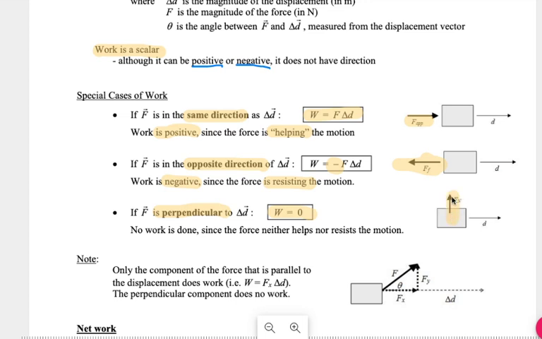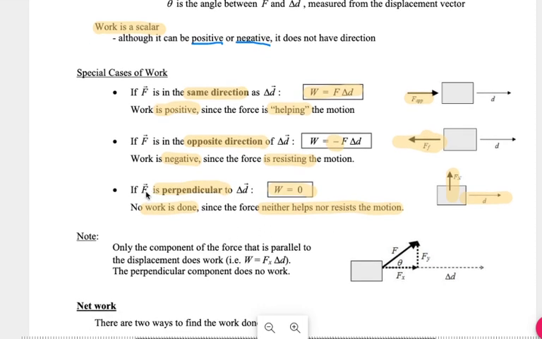Since this is perpendicular to displacement, there's zero work being done by this force, since the force neither helps nor resists the motion. It's irrelevant to this displacement. It wouldn't affect it whether it were there or not. It's not doing any work.